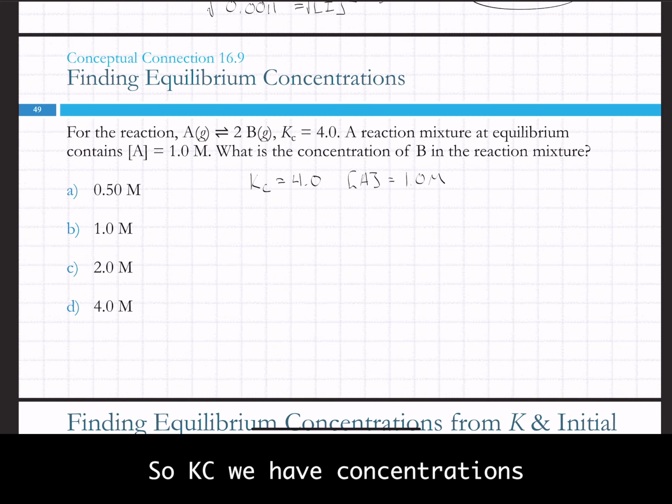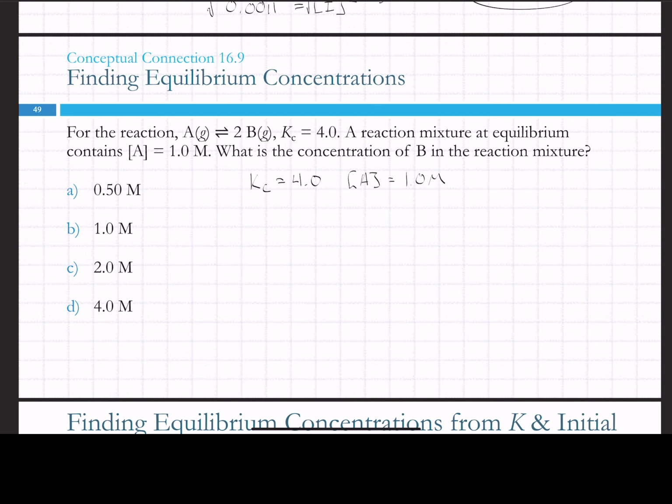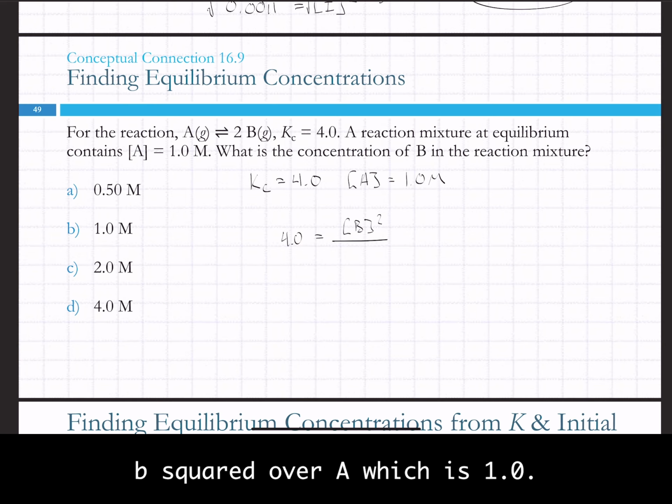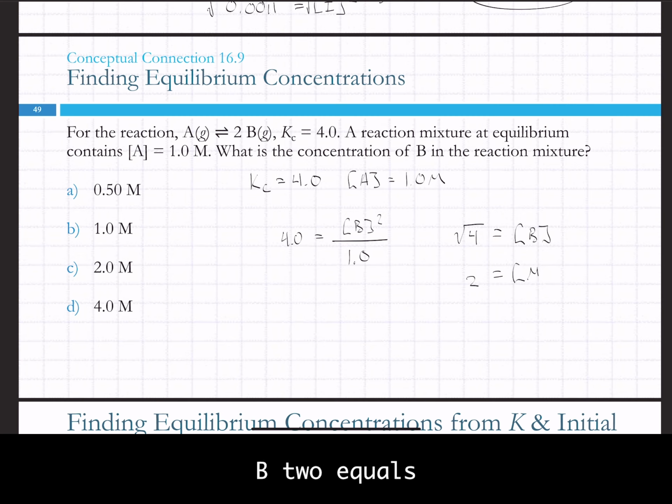So for Kc, we have concentrations, not atmospheres. We want to know what is the concentration of B. So 4.0 equals B squared over A, which is 1.0. So B equals the square root of 4.